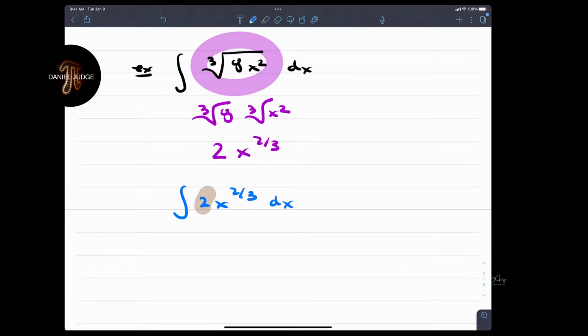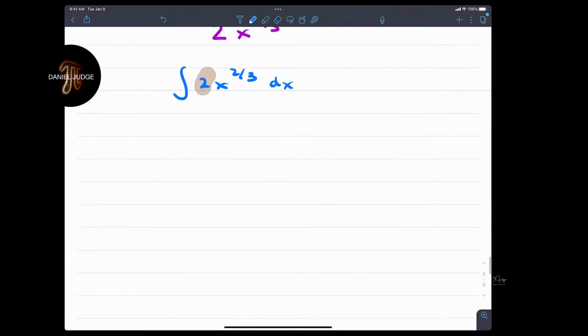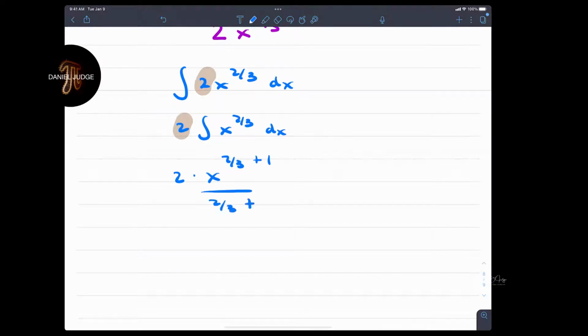Pull out a constant. So we pulled out the constant. Now integrate. 2 x to the 2/3 plus 1, plus that constant.